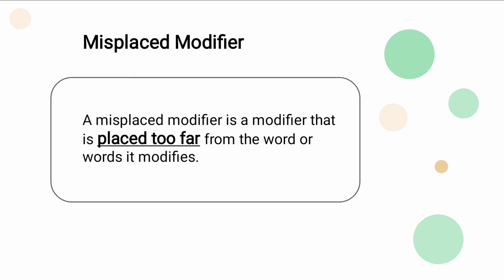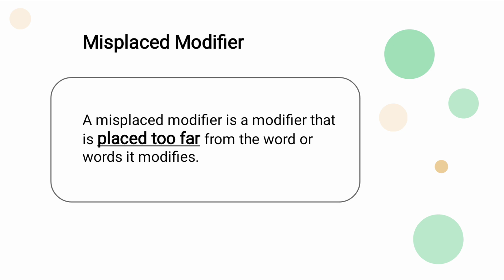But a misplaced modifier is placed too far from the word it is modifying. Let me repeat: a modifier should be right next to the word it's supposed to modify, but if it is placed too far from the word it wants to modify, it's a misplaced modifier.